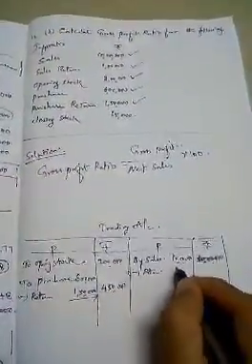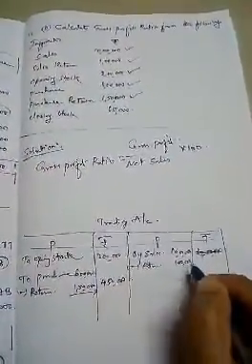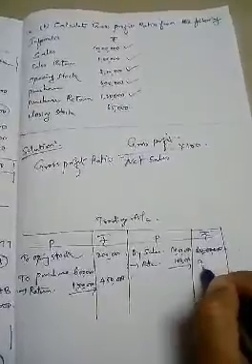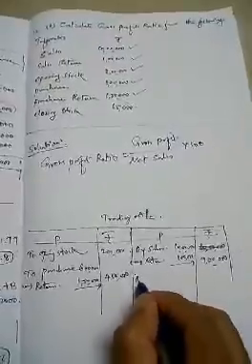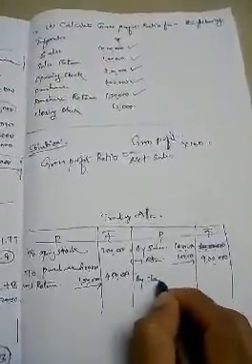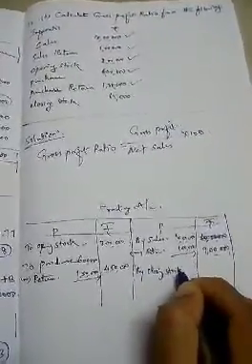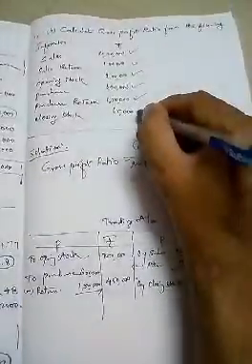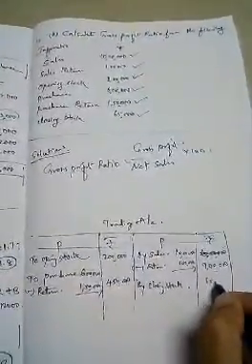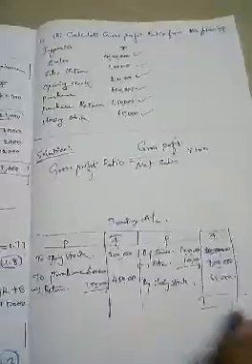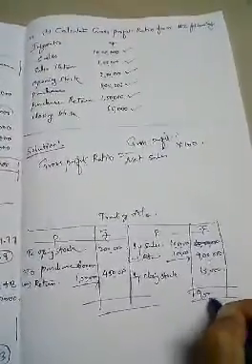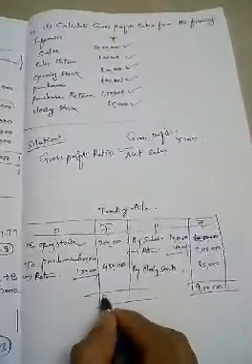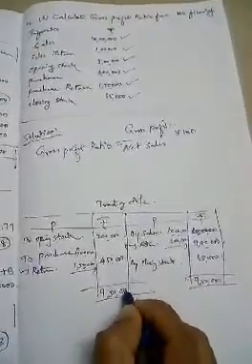If you deduct this 1 lakh from total sales you get 9 lakhs. Then next, the last one, closing stock. The closing stock in the question itself they gave, 65,000. If you add it, it is 9,65,000.